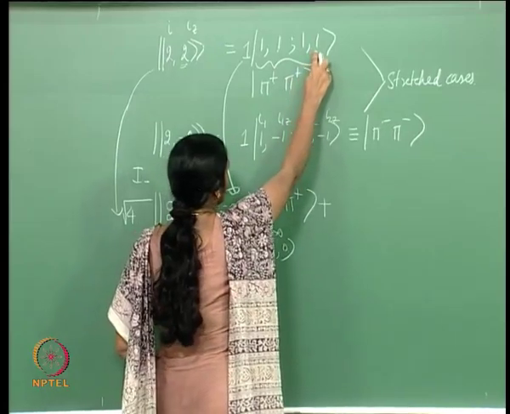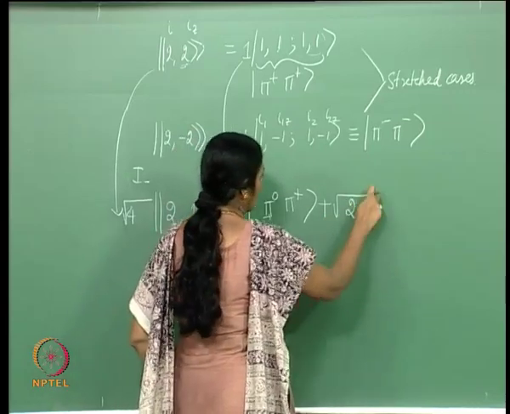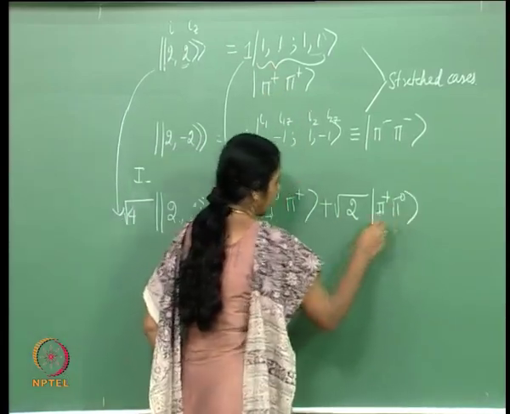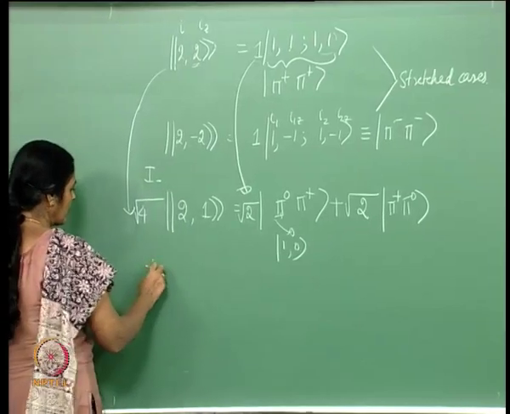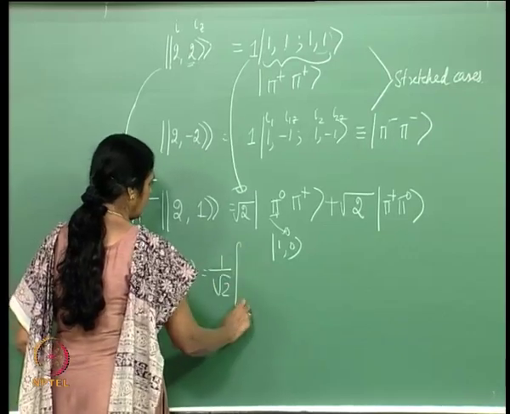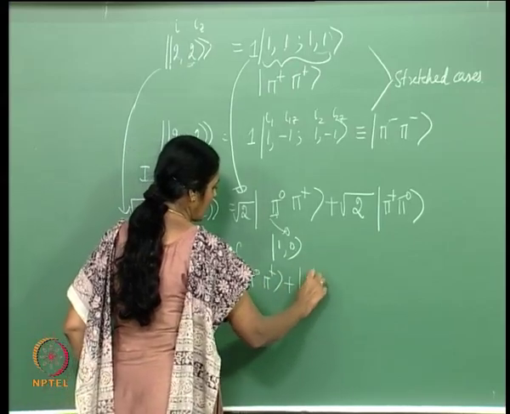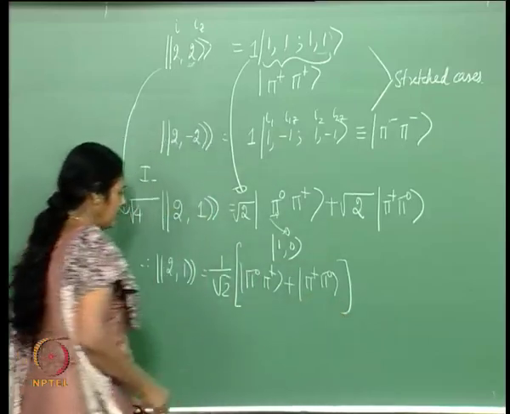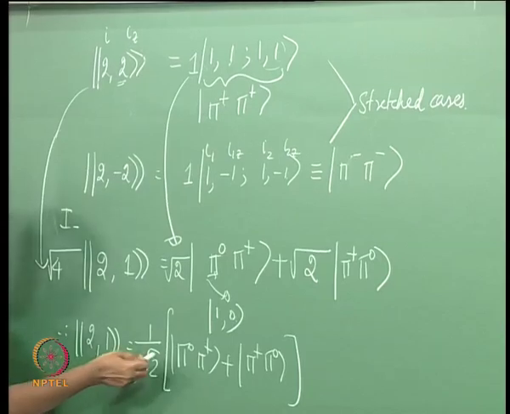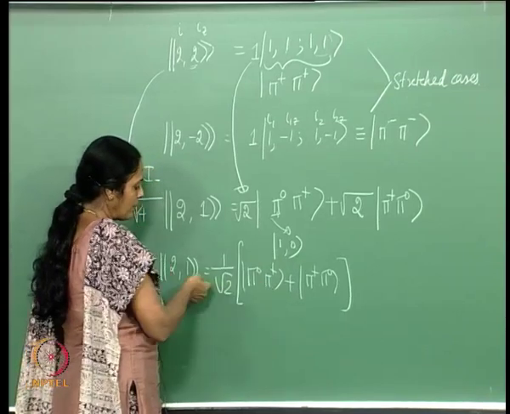Now I work with an I2 minus on this state. Again, by the same argument, leaving the first entry untouched, I get that. In other words, I have 2, 1 is 1 by root 2 pi 0 pi plus plus pi plus pi 0. Look at the I3 values or Iz values. Here Iz is 1, pi naught has Iz 0 and pi plus has Iz 1, so they add up to give me 1.